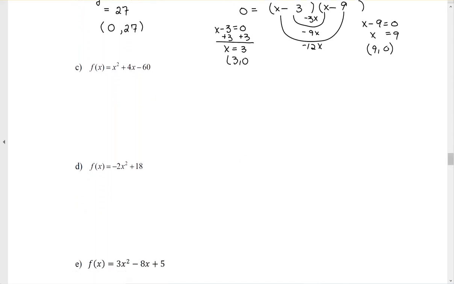For letter C, to find a y-intercept, I'm going to let x equal 0, and then just evaluate the right-hand side. So 0 plus 0 minus 60 is negative 60. And that's my y-intercept.